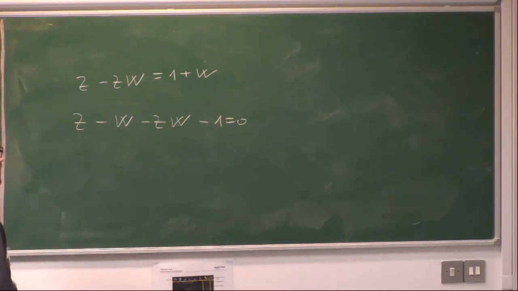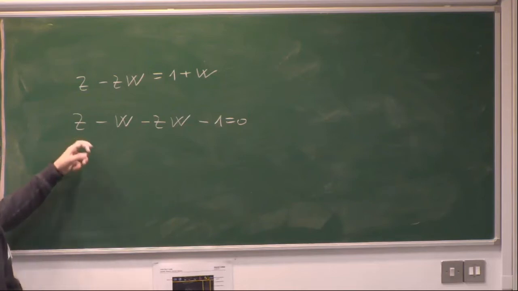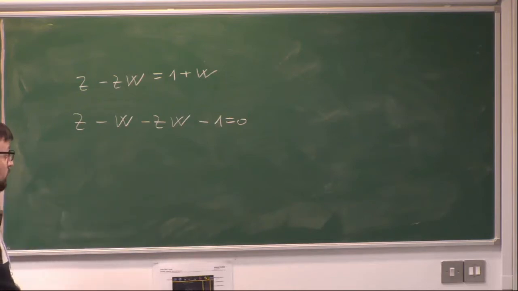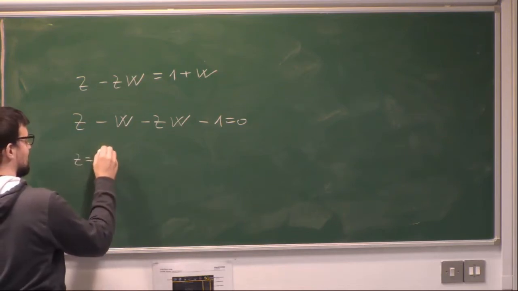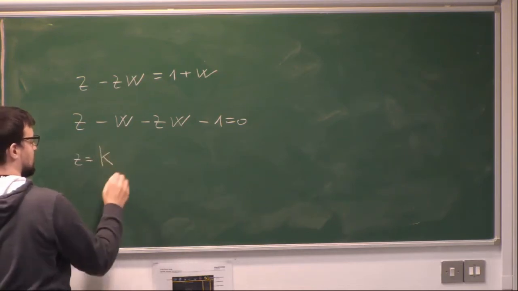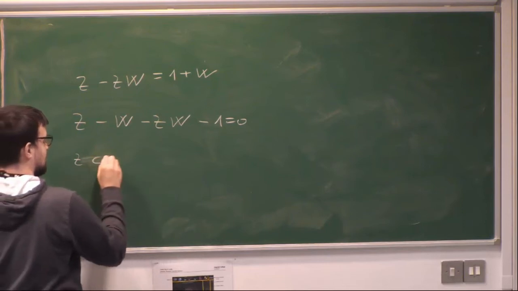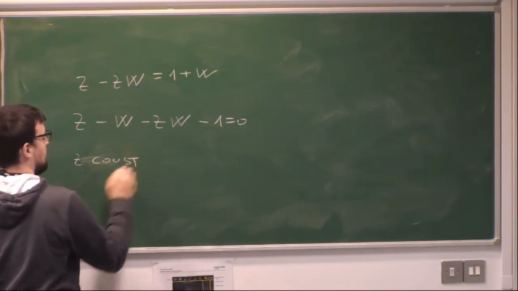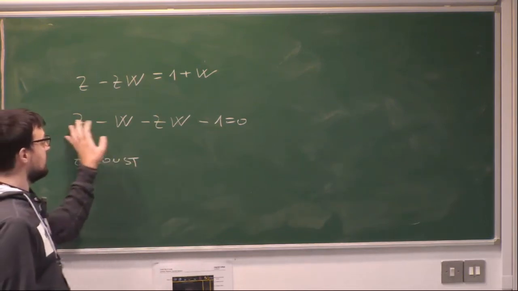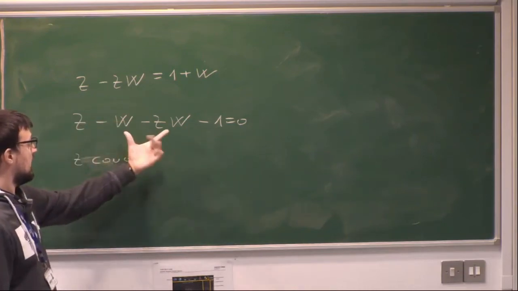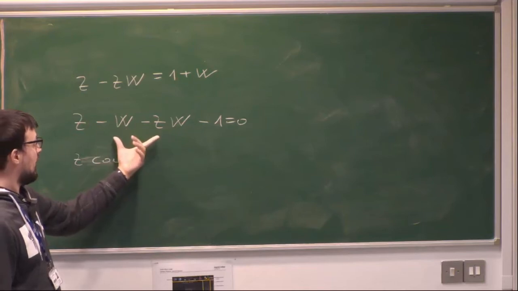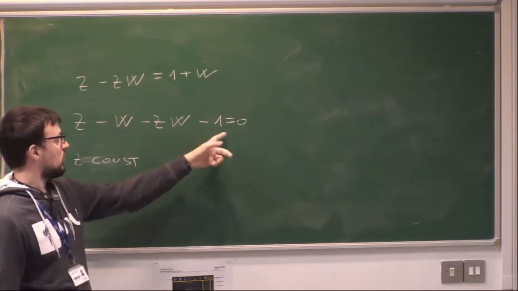Now, this is a bilinear transformation because this polynomial in the variables z and w has the following property. If we substitute z with a constant, then this becomes an equation in which z is constant and w is the only variable. And you see that this is actually the equation of a line.